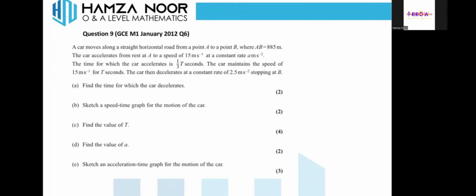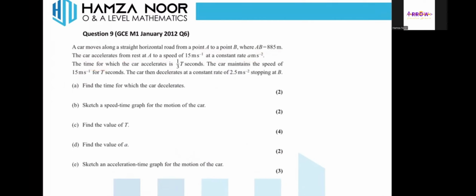The question says that a car moves along a straight horizontal road from a point A to a point B, where the distance between A and B is 885 meters. The car accelerates from rest at A to a speed of 15 meters per second at a constant rate of a meters per second squared.